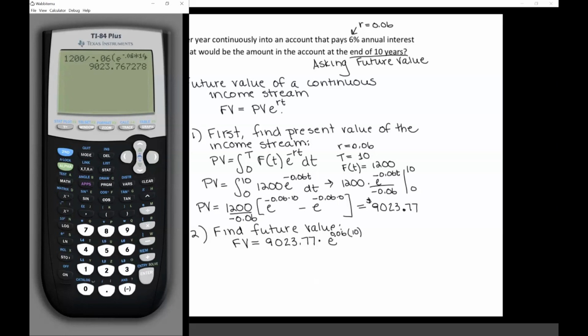So I'm going to take my 9,023.77 and multiply that by e to the 0.06 times 10. And the future value then is 16,442.38.